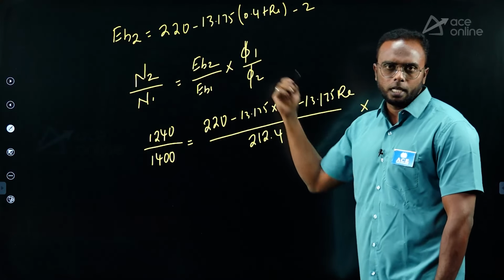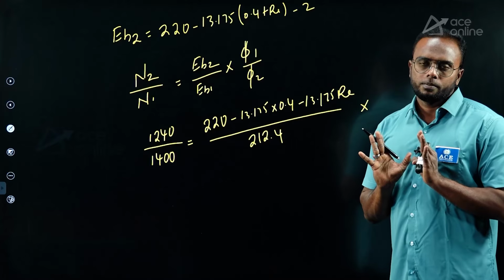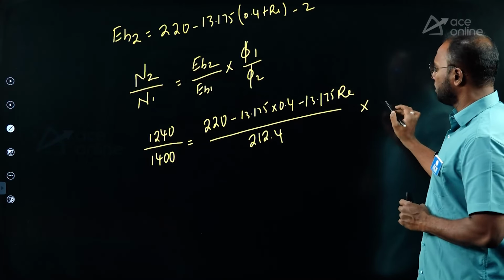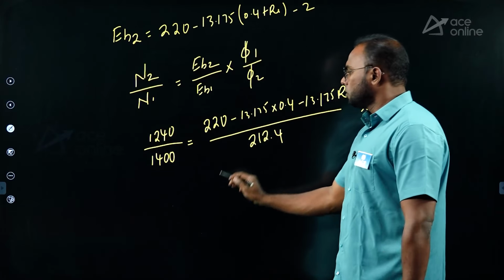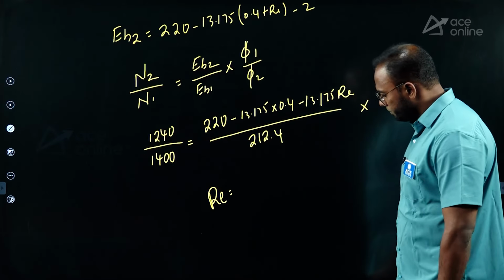This is a separately excited motor, so flux is constant if nothing is mentioned about excitation. If excitation changes by 10% or something is given, then we have to consider it; otherwise no need, it is one. Now the only unknown in this equation is RE. Simplify this and we will get the value of RE.